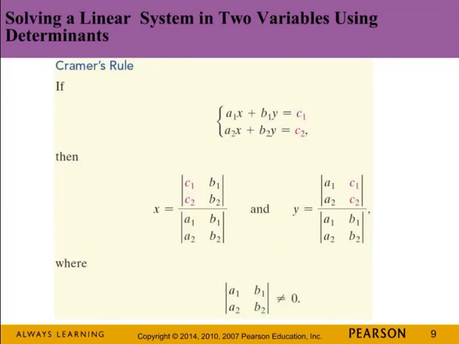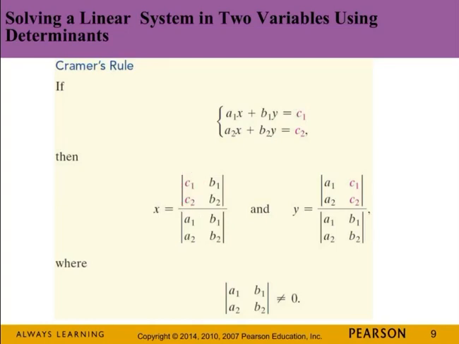Okay, so Cramer's rule. Given a linear system of equations, if we wanted to get the solution right away, x is going to be equal to the determinant of the coefficient matrix augmented with the constants.